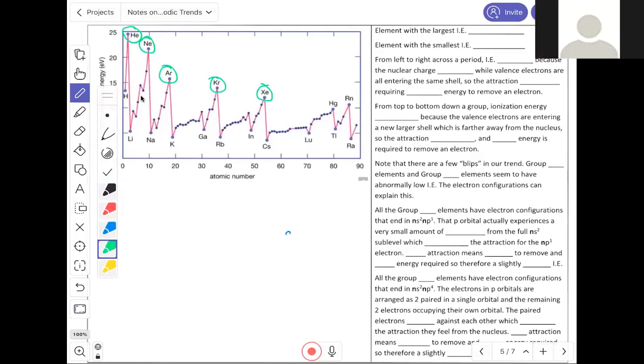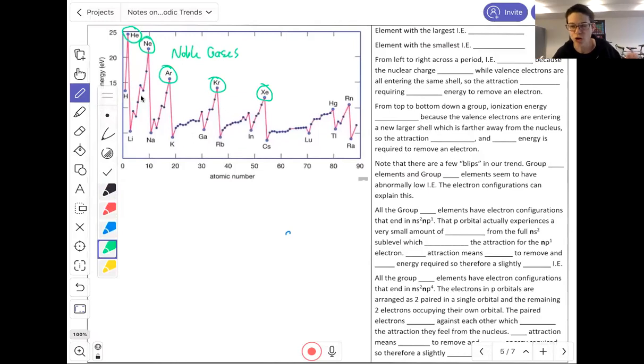Noble gases. Those are all the noble gases. Again, the noble gases have a full energy shell. They have all 8. They do not want to lose an electron. They're like, do not take my stuff. Don't touch it. Leave it alone.